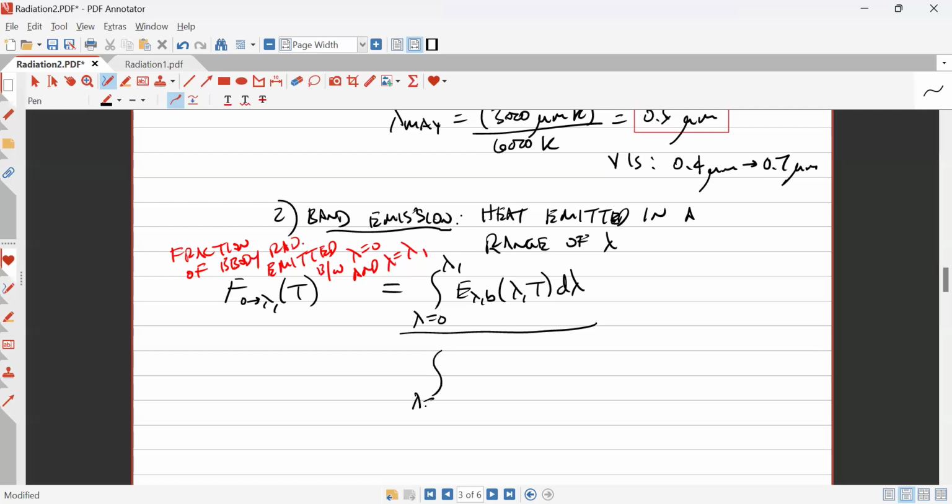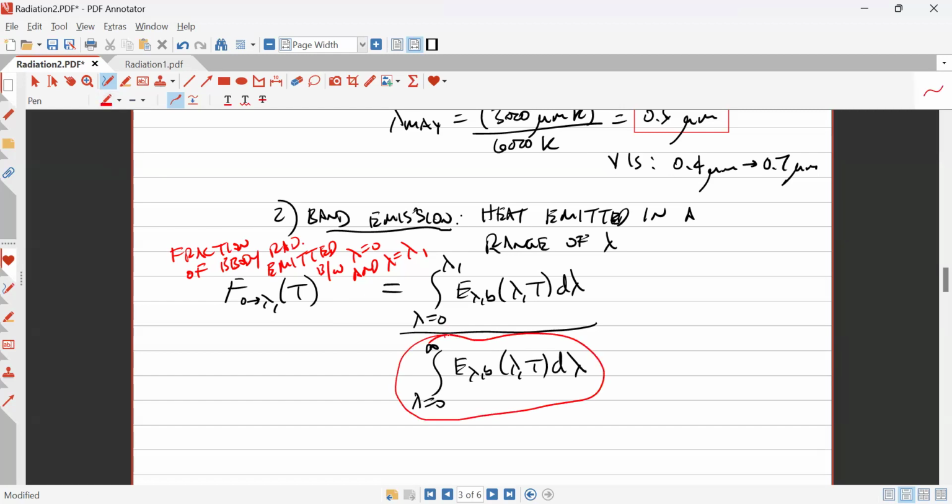So lambda going from 0 to infinity, E lambda b of lambda and T, d lambda, right? So we're going to take the hemispherical spectral emissive power for a blackbody, and we're going to integrate it over all wavelengths. And that's what you get as our hemispherical total emissive power.